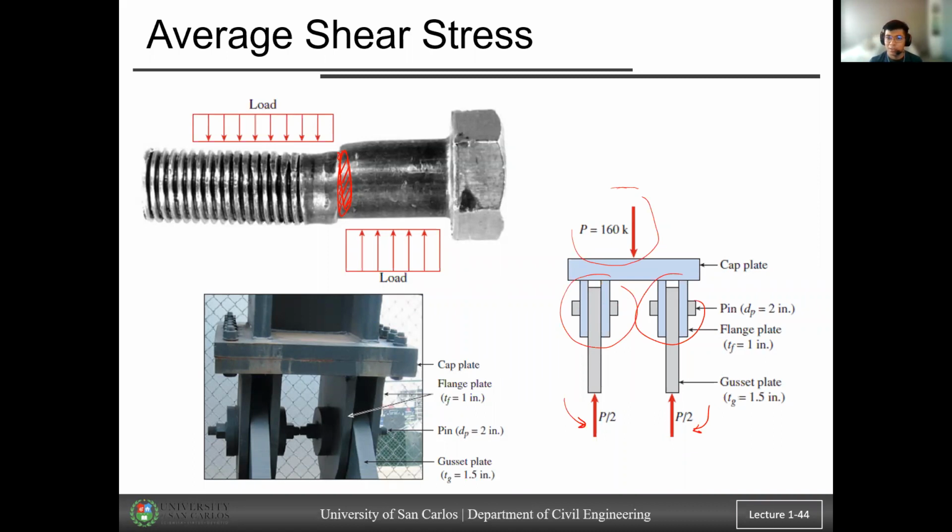And if you again imagine the different types of stresses, this member will experience normal stress, and this bolt will experience shear stress, right? As far as we have been discussing stresses. We have not yet gone into details about the bearing stress and the other stresses.